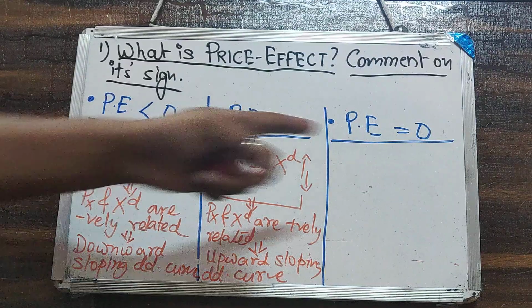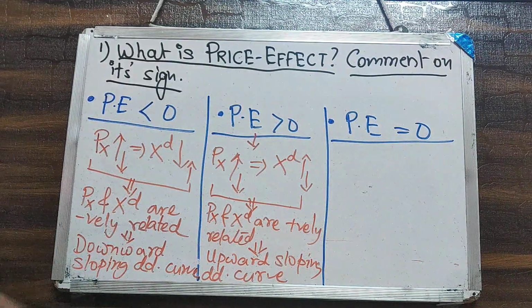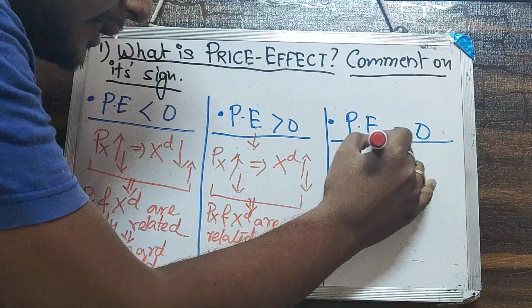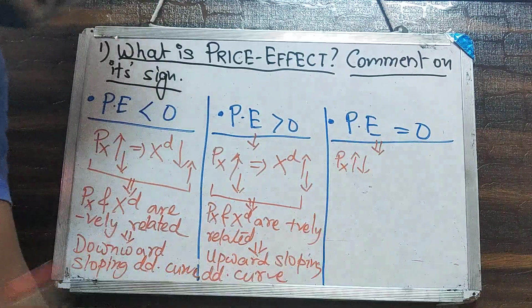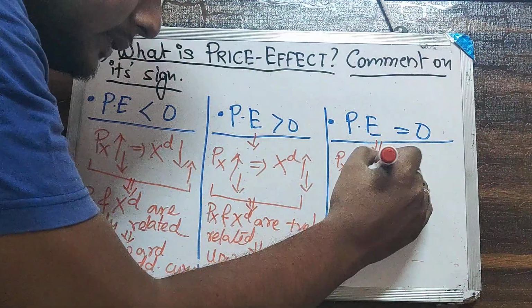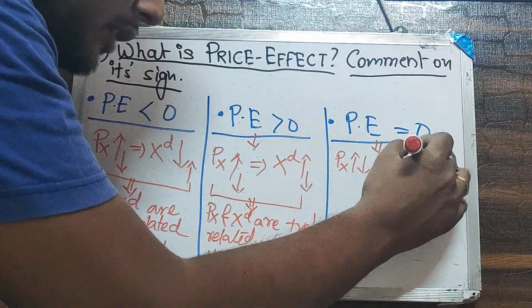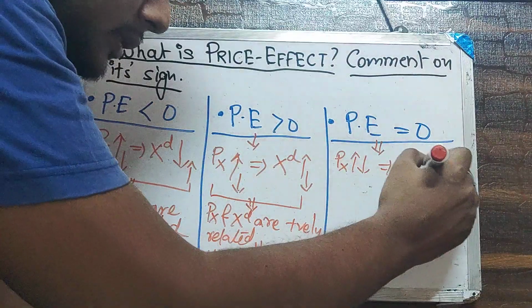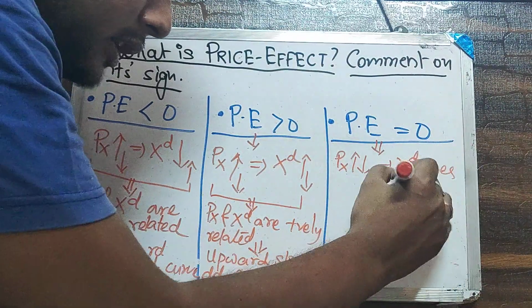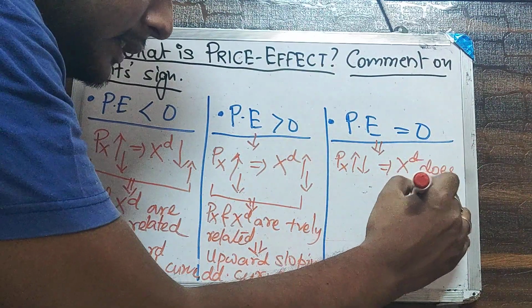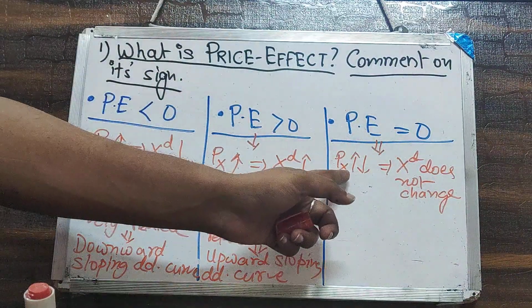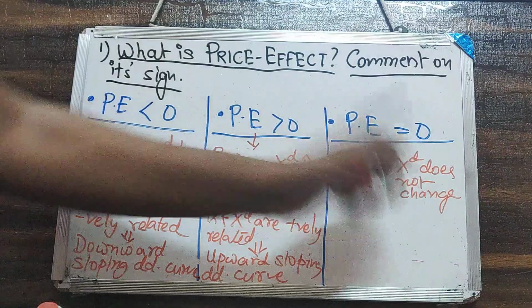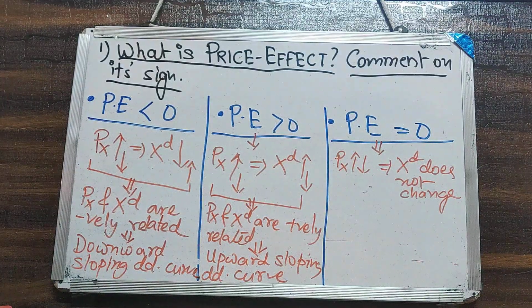Now, what will happen if price effect is zero? This means that even with a change in the price, whether the price is increasing or decreasing, demand for X does not change. Even with the change in the price of the commodity, demand for it won't change.